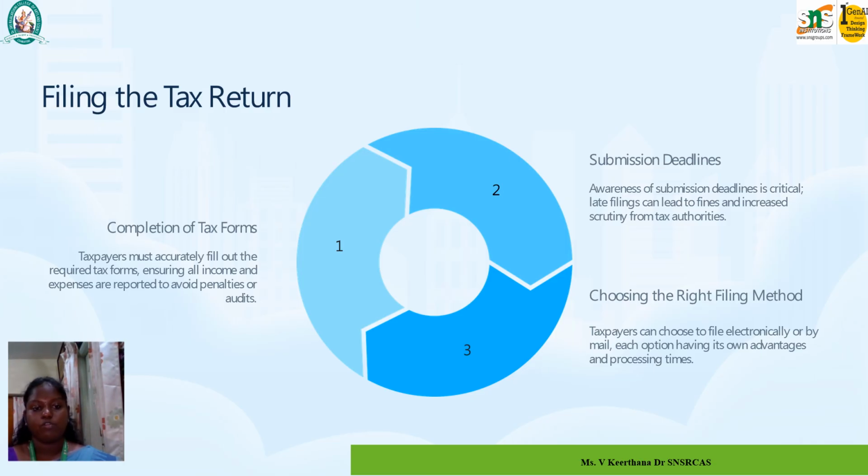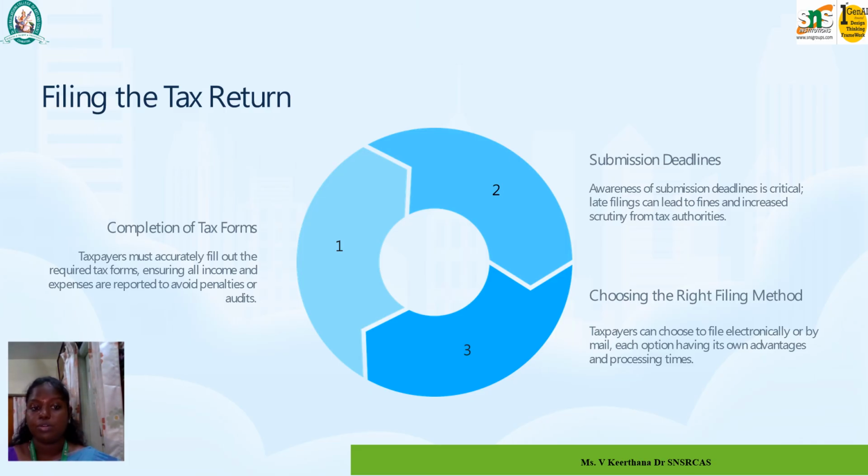First is completion of tax forms, second is the submission deadline, and third is choosing the right filing method. It is compulsory to complete the tax forms, which a taxpayer must accurately fill out, ensuring all income and expenses are reported to avoid penalties or audits.